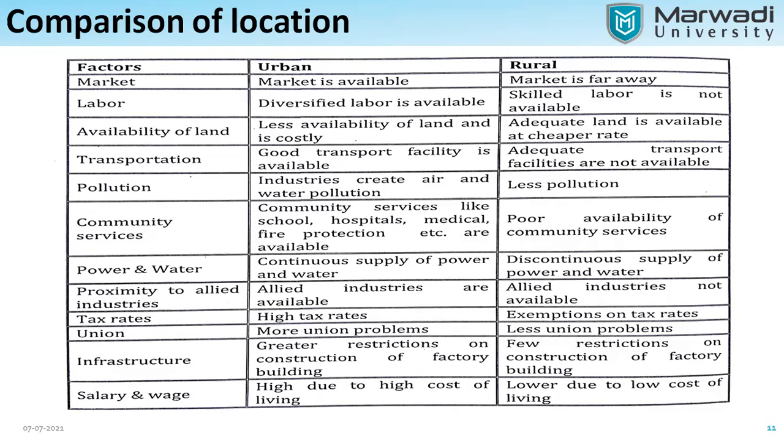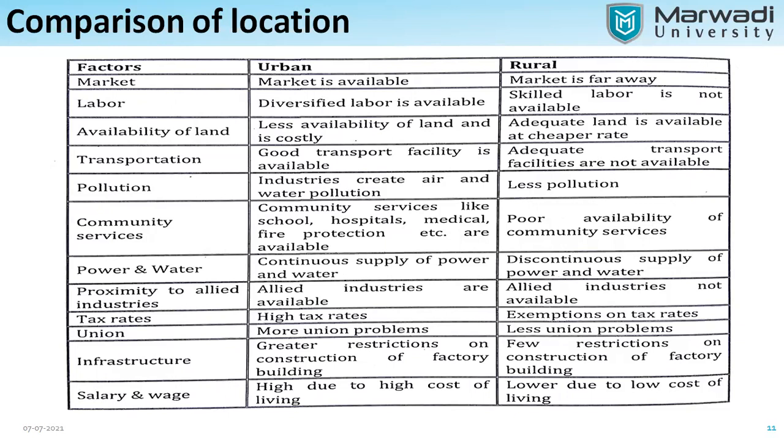Availability of land: less availability of land and it is costly in the urban areas, while if you compare the rural areas, we should have adequate land which is not available at a cheaper rate.